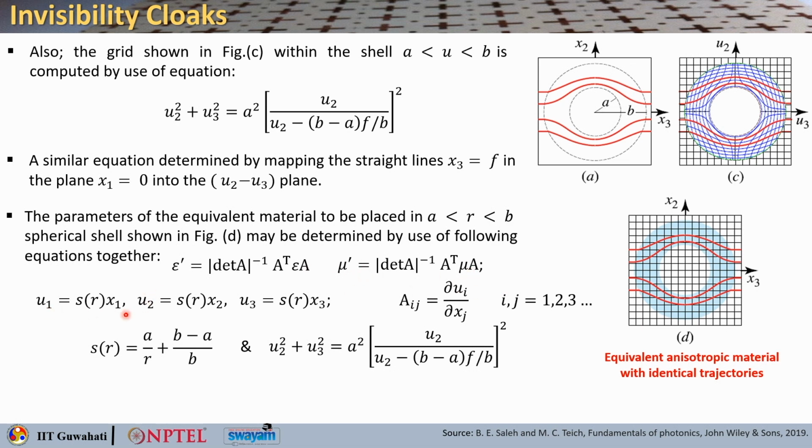This is the transformation you are using, where S(r) is given by this, and the relationship between u2 and u3 and the grid system is given by this. A is the Jacobian matrix that you can calculate.